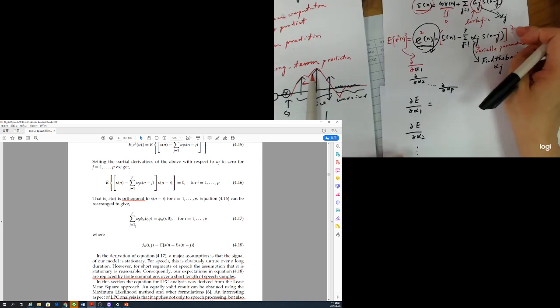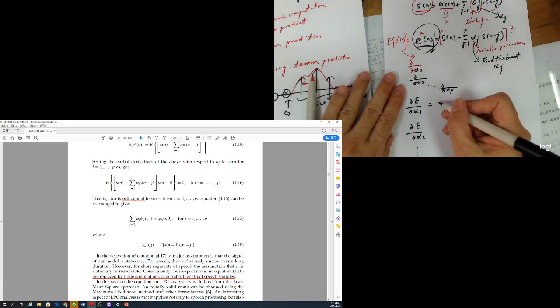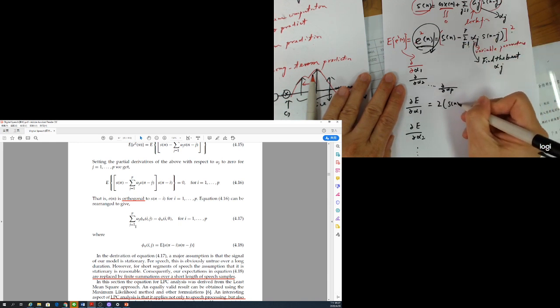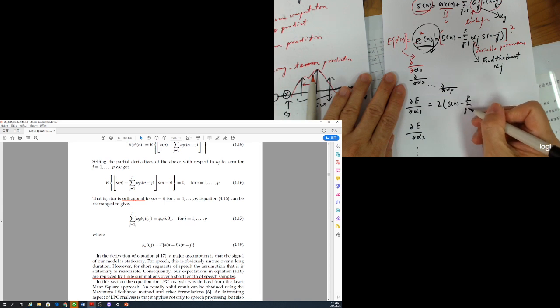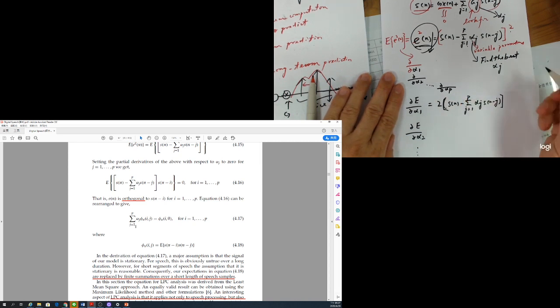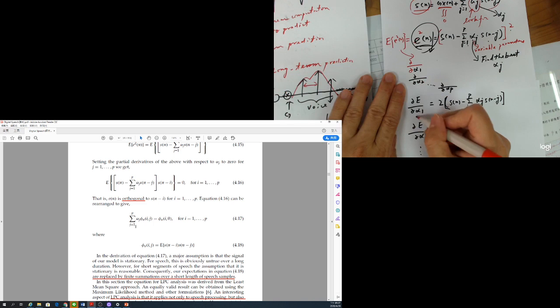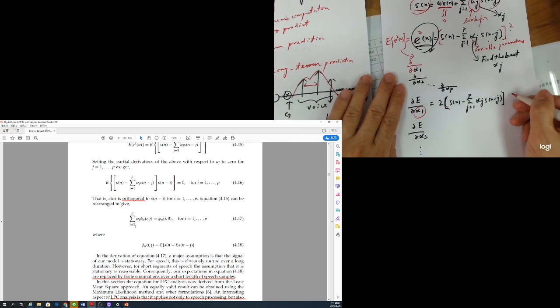You have 2 here, so it becomes 2, and then the outer part is kept here. Looking into here, we have only the variable R1, so only minus R1 will be differentiated. That R1 becomes 1, so that term becomes s n minus 1.